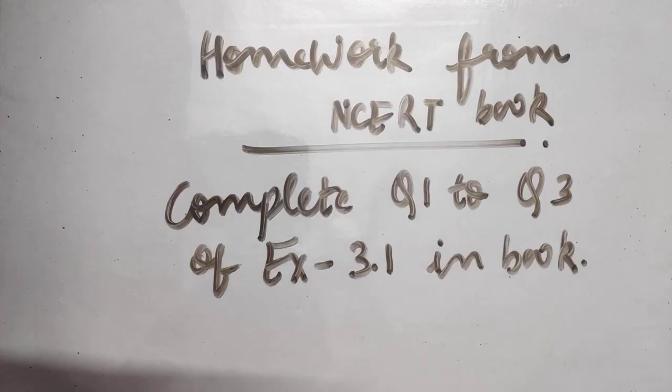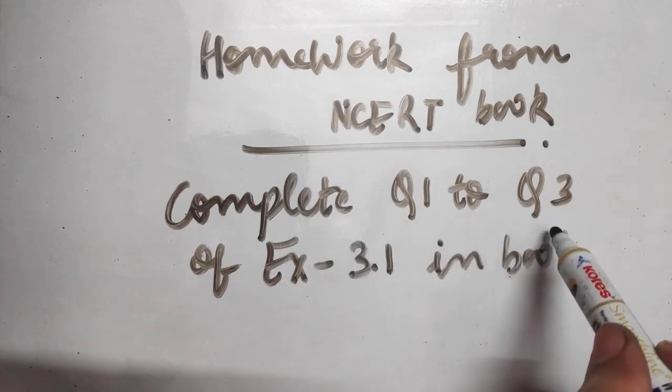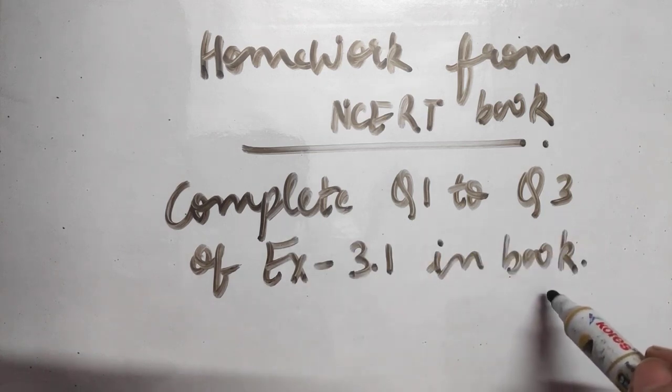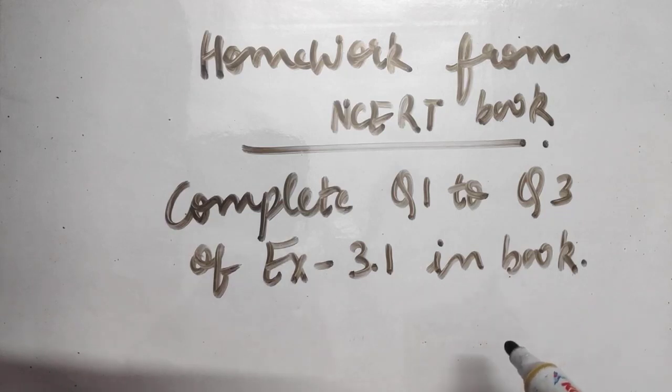So it's time for the homework now. Dear children, you are supposed to complete question number 1 to question number 3 of exercise 3.1 in your NCERT book, and please do revise the concepts taught in this lecture number 1. So dear children, basically we have learnt about types of curves in this chapter: open curve, closed curve, simple curves.